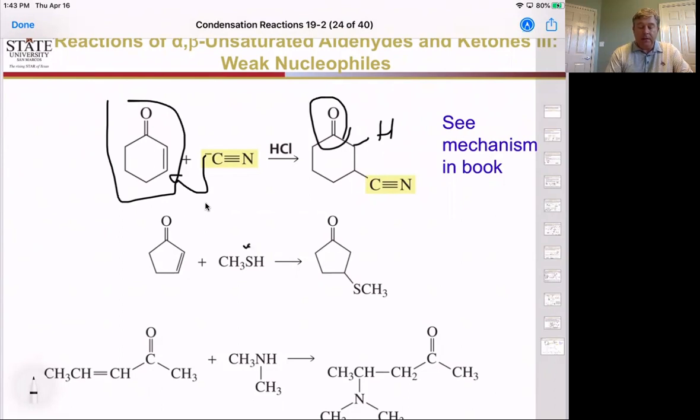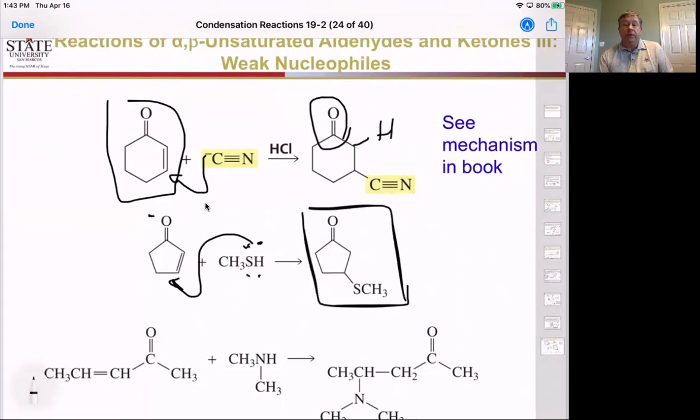Here, the thiol is a weak nucleophile because it's not the anion, it is the simple thiol. It acts as a weak nucleophile and also gives us this addition here, which will kick out, giving us our enol form, which will then rearrange to our keto form after quenching the reaction.